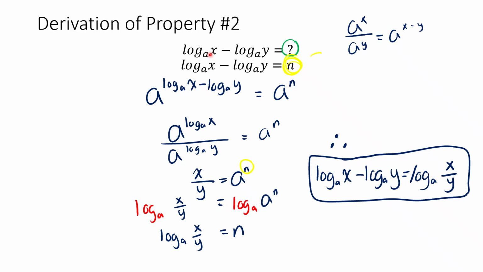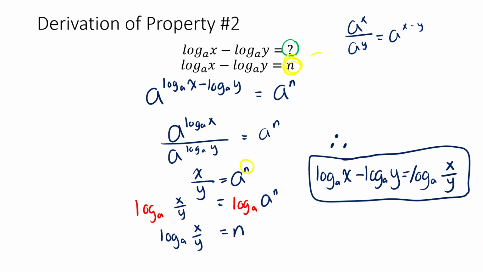What is a key idea here is that because logarithms and exponentials are related to each other, we've already established in some earlier lessons that they are inverse operations and they undo each other. It makes sense that their properties are also going to be related. The way we're coming up with the property is we're essentially taking the logarithm, converting it over to an exponent, using the property of exponents to rewrite it, and then putting it back into logs.